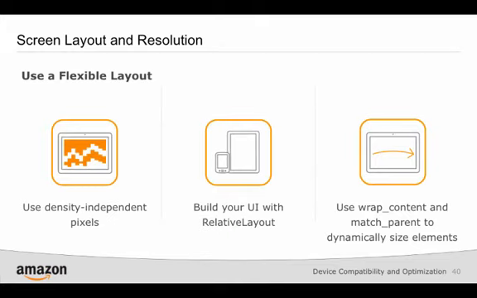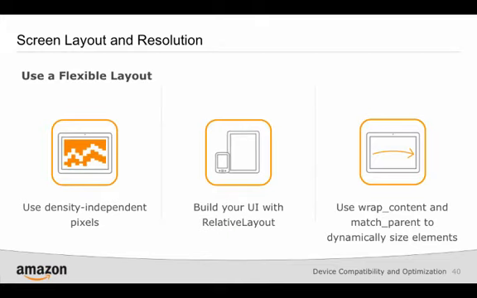Apps designed for a device with a specific aspect ratio may have distorted or overlapping screen elements on screens with different aspect ratios. Apps designed for a device with a specific screen density may have larger or smaller elements than you expect, which can affect both the appearance and behavior of your app.